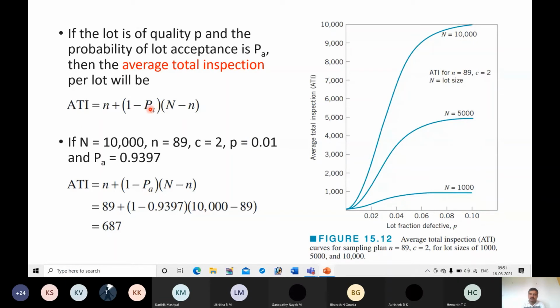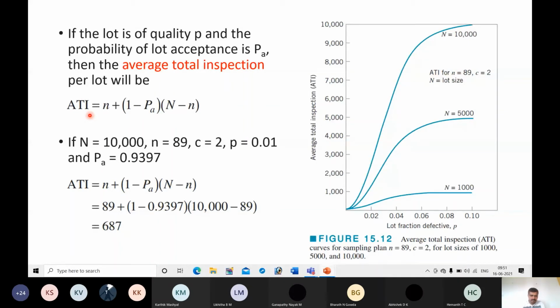Out of the rejected lots, you consider N minus n, where n is the sample size already subjected to evaluation, so N minus n is the remaining units. This gives how many units are subjected to inspection. That is given by the average total inspection.